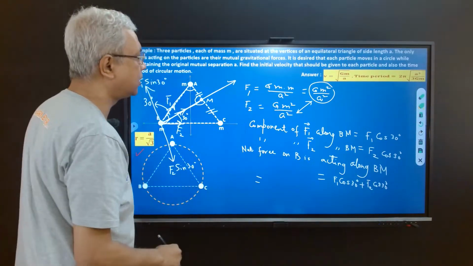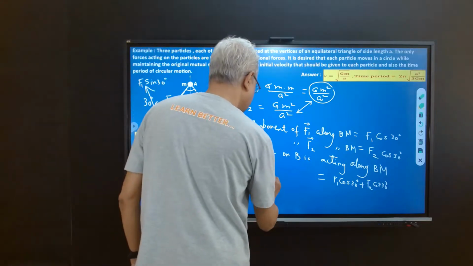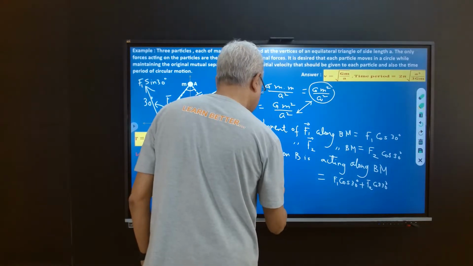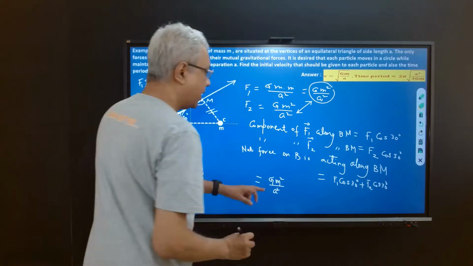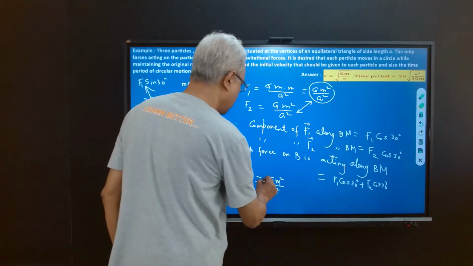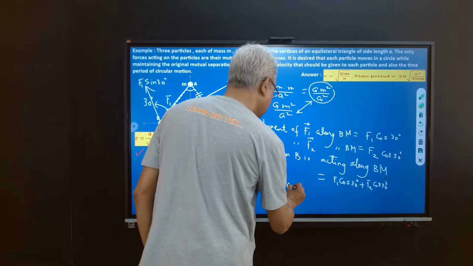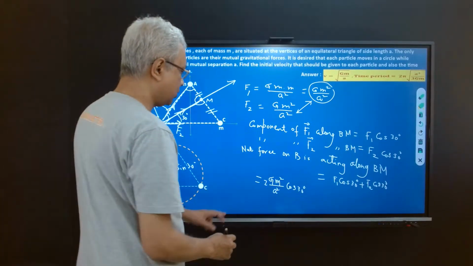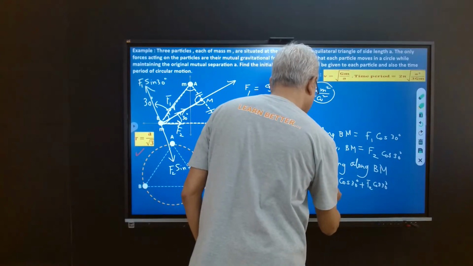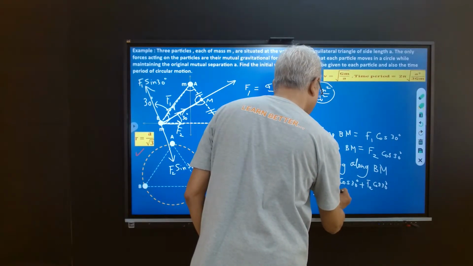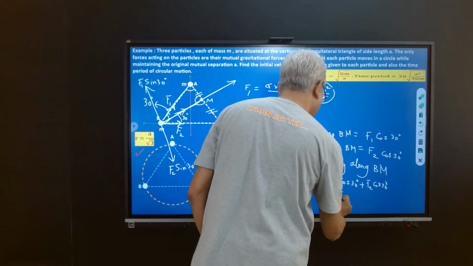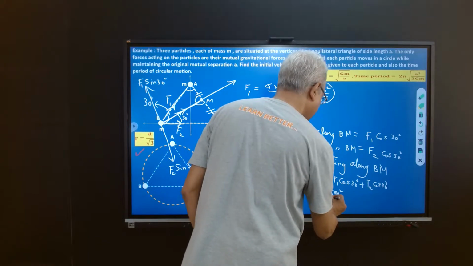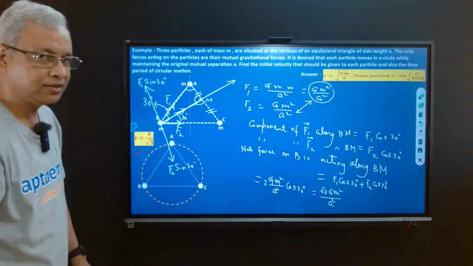Since F1 and F2 are both the same, I can write G m square by a square and 2 cos 30 degrees. But cos 30 degrees is root 3 by 2. So I get ultimately root 3 G m square by a square. Can I write it like this?